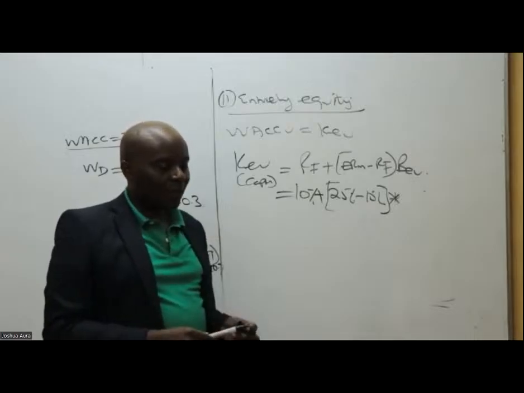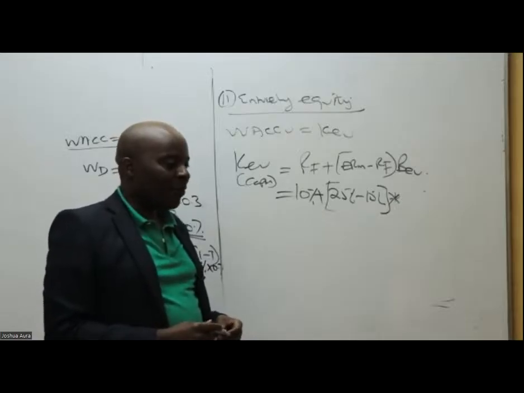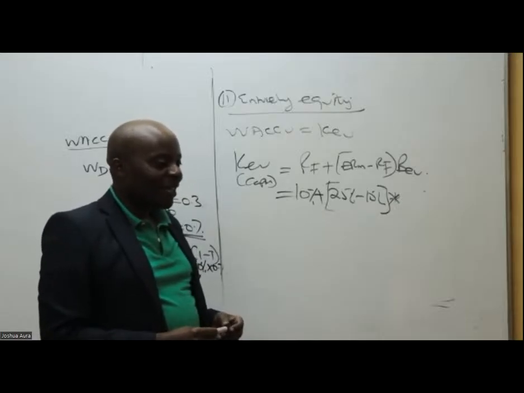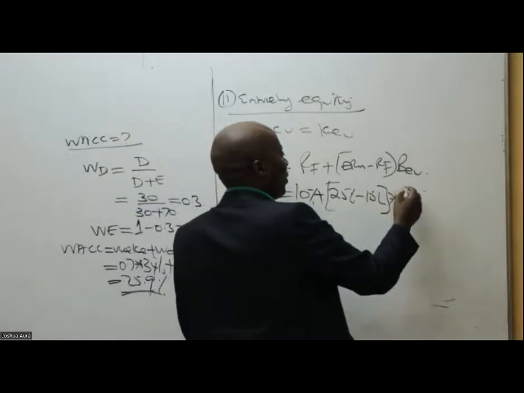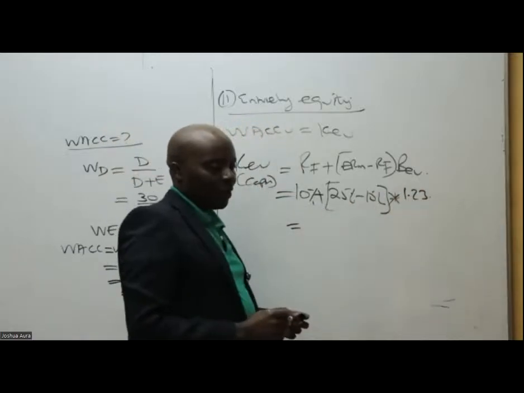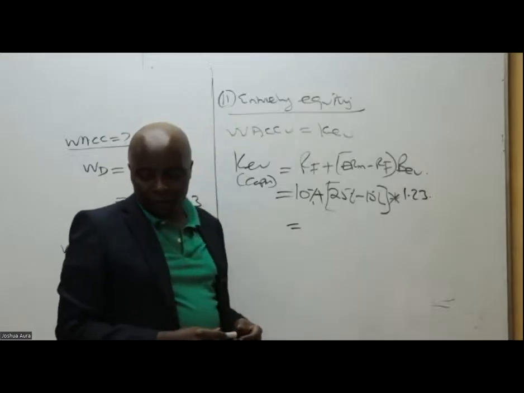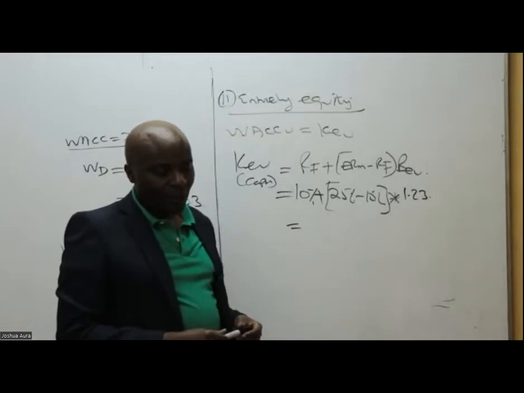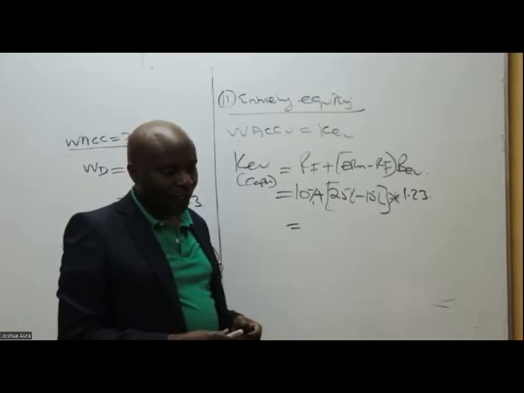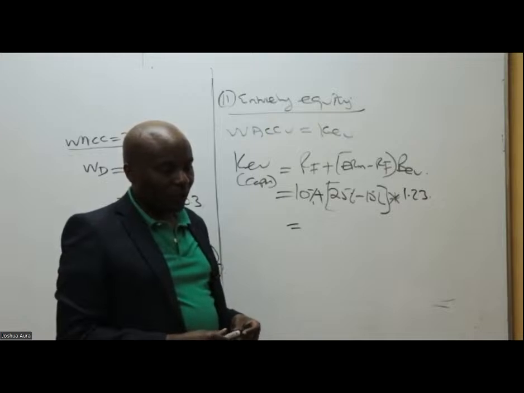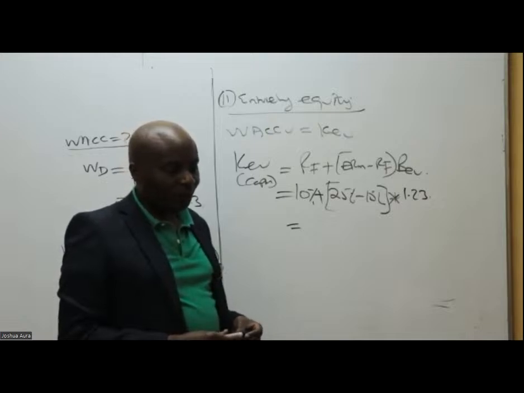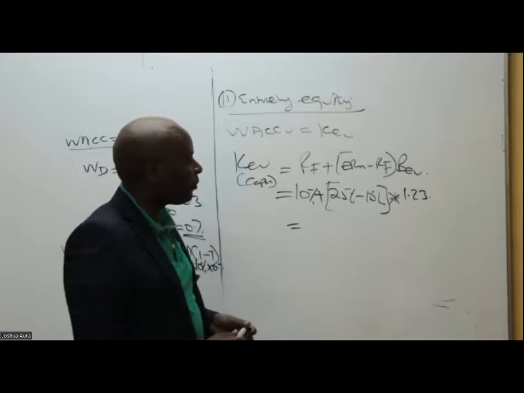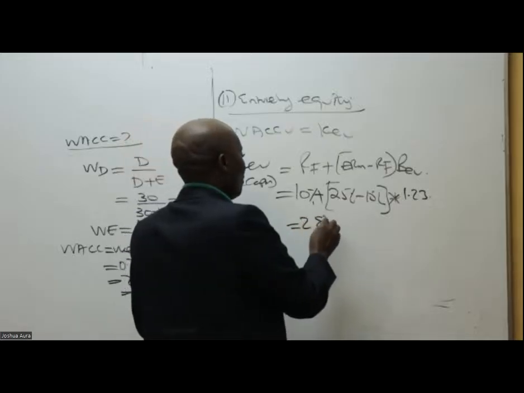Is there somebody who can remind us what beta was? 1.23, right? So this one will give me what answer at the end of the day? The final answer is 28.45. Thank you so much.